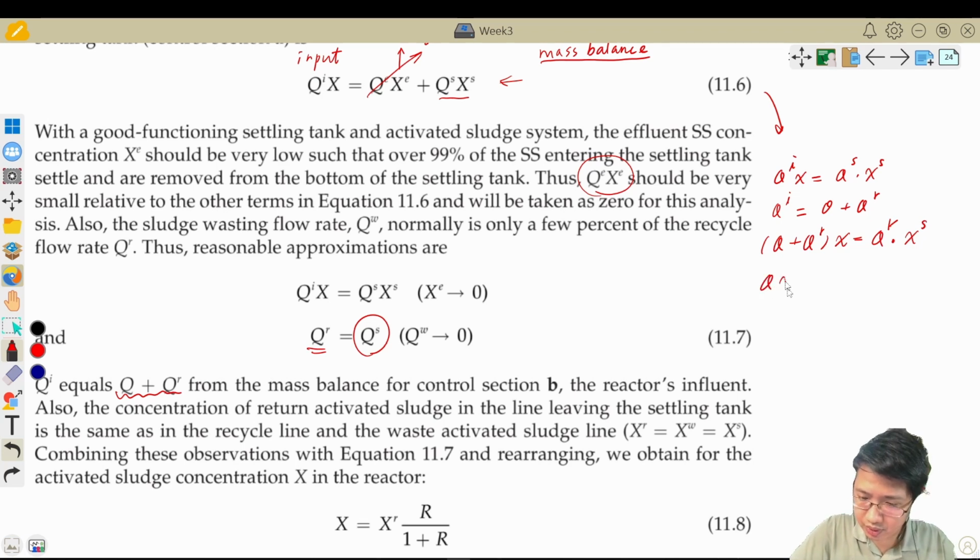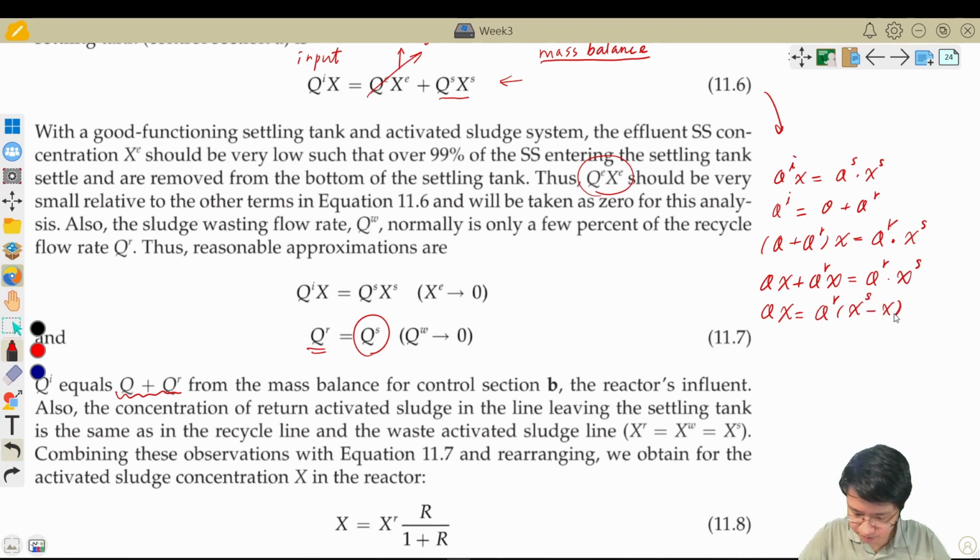So we get QX plus QR X equals QR times XS. We can rearrange the equation: QX equals QR times (XS minus X). So X equals QR divided by Q, times (XS minus X).